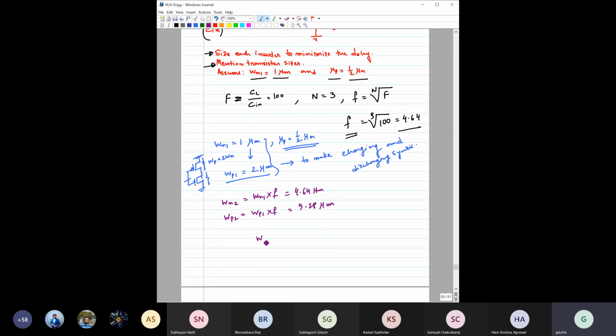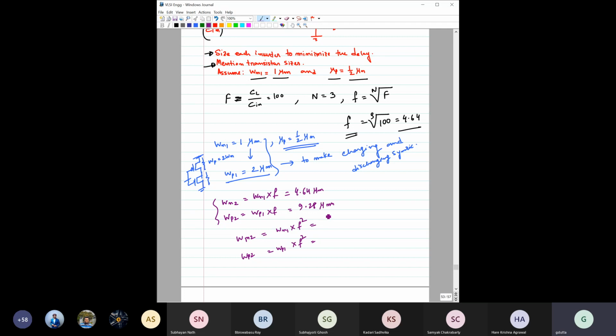Then for the third stage, WN3, WP3, we have to calculate it explicitly. So this would be WN1 into F squared, and here WP1 into F squared.